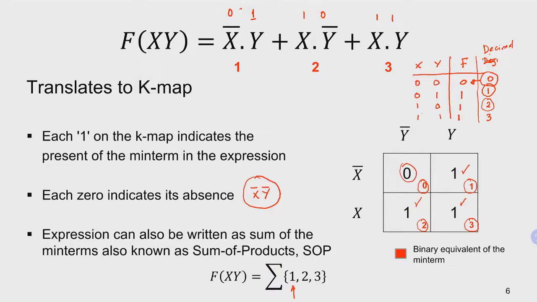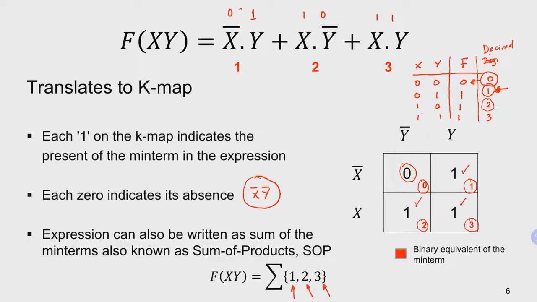So this 1 refers to the minterm of X bar Y, or in terms of our binary, it will be 0, 1. And then 2 is the minterm of X Y bar, which is the binary equivalent of 1, 0. And then 3 is X and Y, which is the binary equivalent of 1, 1.